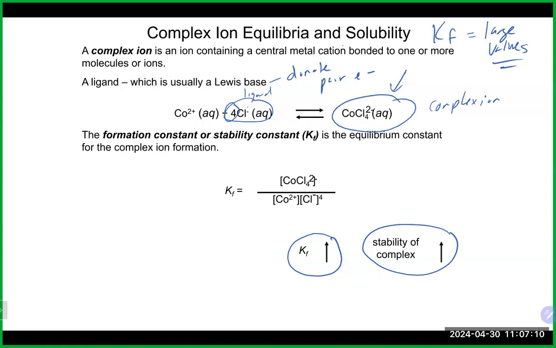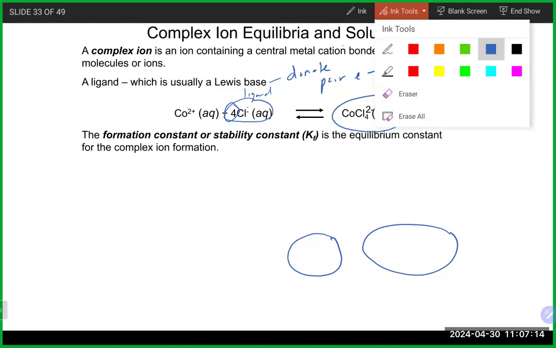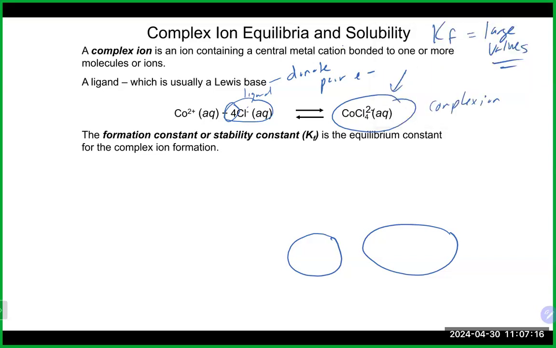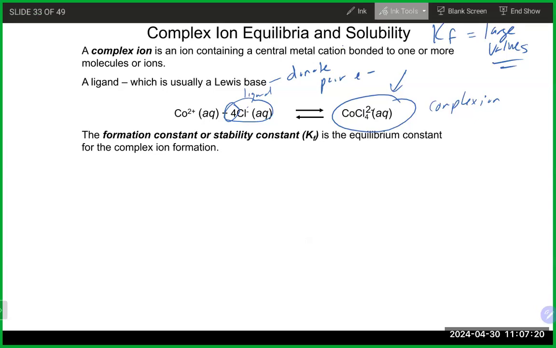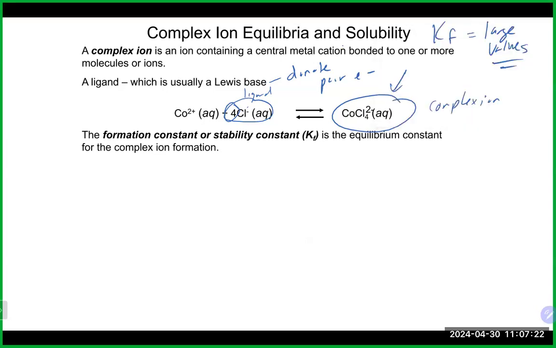Now, when we add ligands, by the way, they actually do come on one at a time. So they're kind of similar to hydrogens, how they come off basically one at a time. When we actually add the ligands, they come on one at a time. So for example, what we're seeing here is really the overall reaction that's happening.